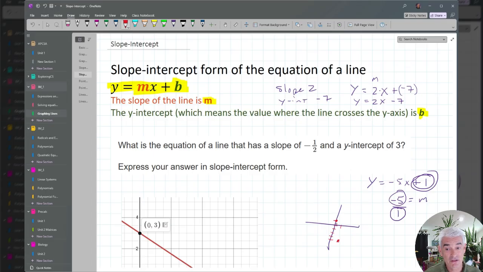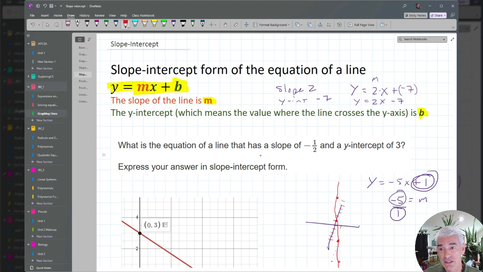Now this line passes through it. I can find another point. I can go down 1, 2, 3, 4, 5 over 1. And I could go backwards. I can go up 1, 2, 3, 4, 5, and then back 1. My graph looks a little weird, but all of those are points on the line.